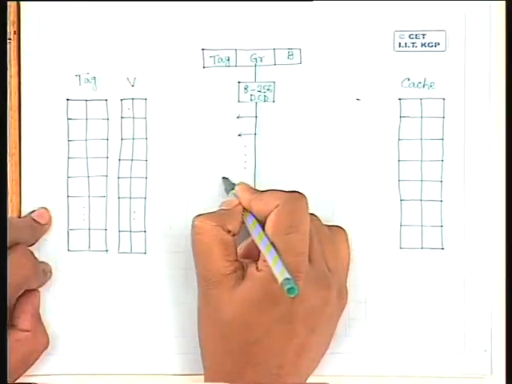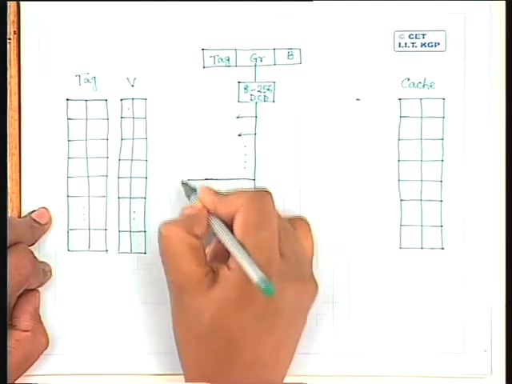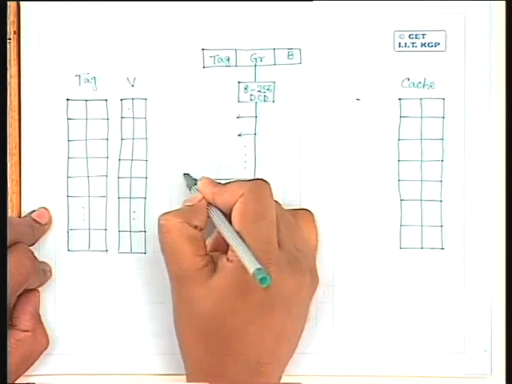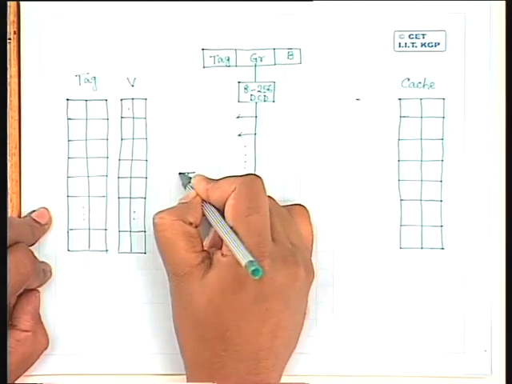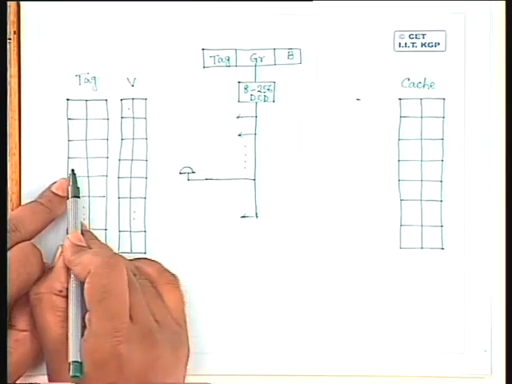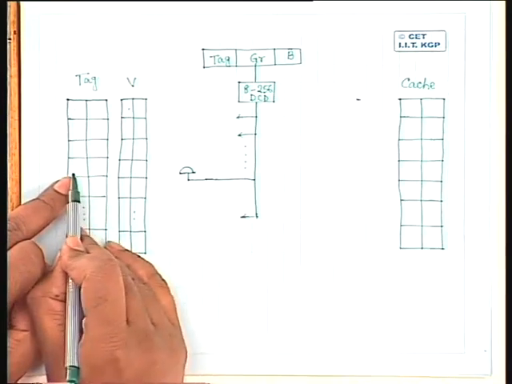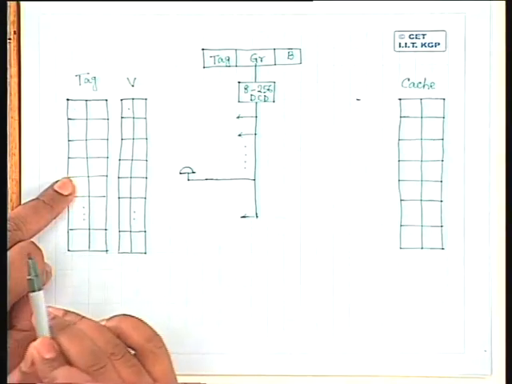So suppose this particular output of this decoder is 1. So when a particular decoder output is 1, that indicates that there may be two different tag memory locations which can give a hit.